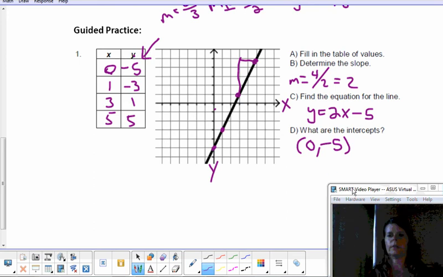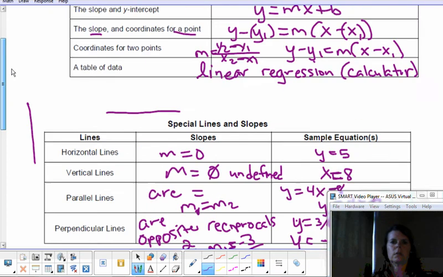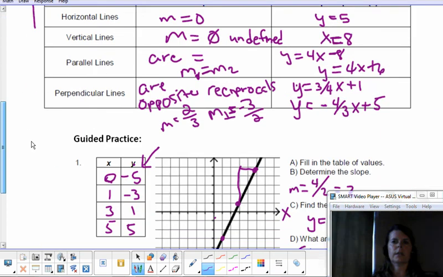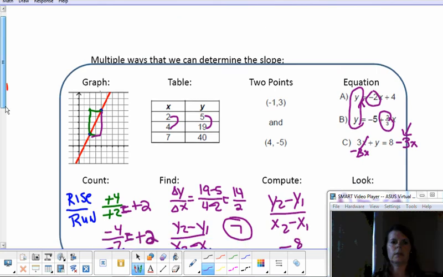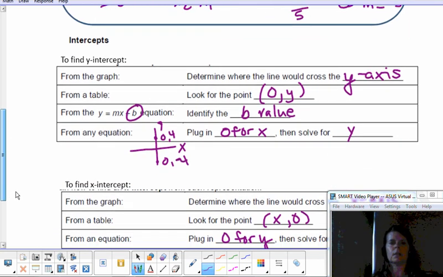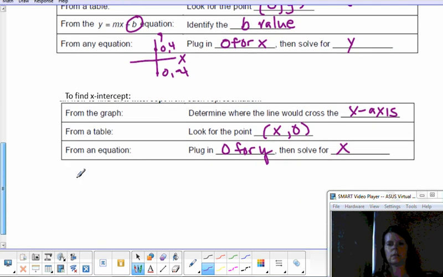What's our x-intercept? Uh-oh, that one's not so easy to see. So what can we do here? Well, it's on the previous page. Let's go back there and look. It says to find our x-intercept, plug in 0 for y and solve for x.